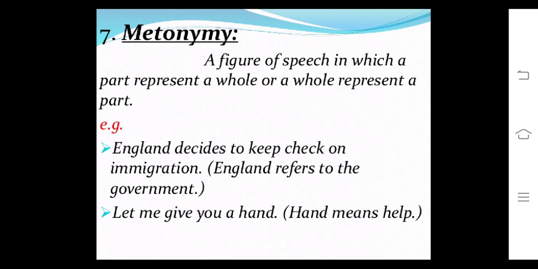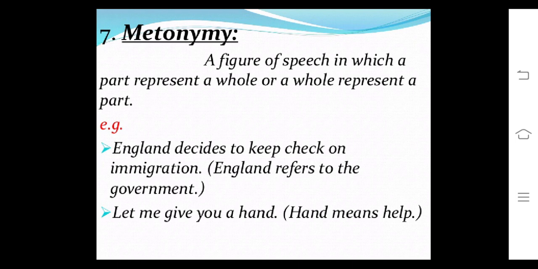So here, metonymy. It is a figure of speech in which a part represents a whole or a whole represents a part. By seeing the examples you will understand. England decided to keep a check on immigration. Here England refers to the government. Another: let me give you a hand. Hand means help.